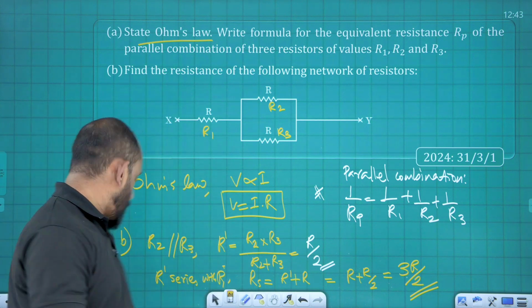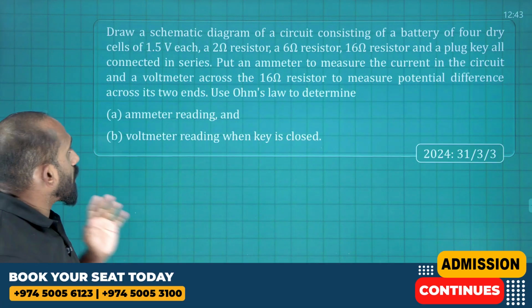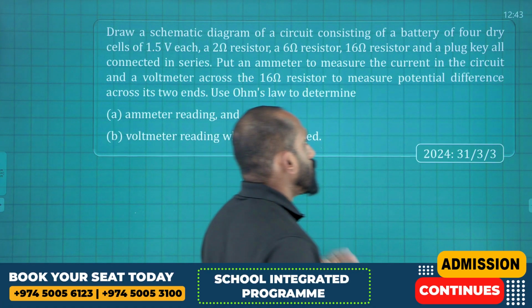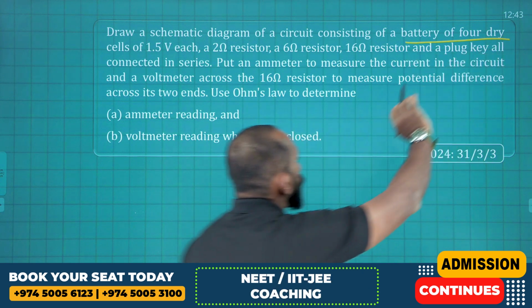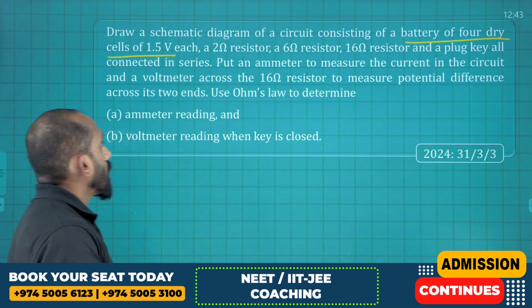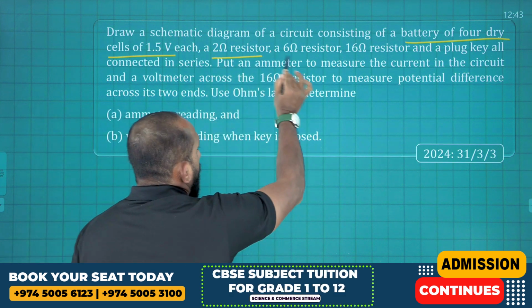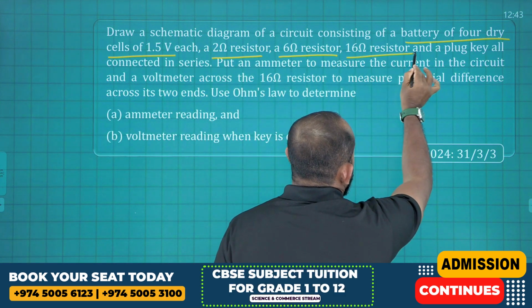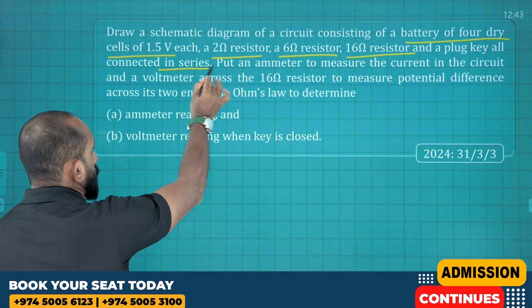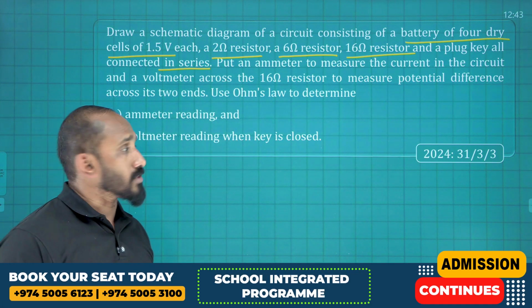Next question, let's check. Draw a schematic diagram of a circuit consisting of a battery of 4 dry cells of 1.5 volt each, a 2 ohm resistor, a 6 ohm resistor, a 16 ohm resistor, and a plug key, all connected in series.